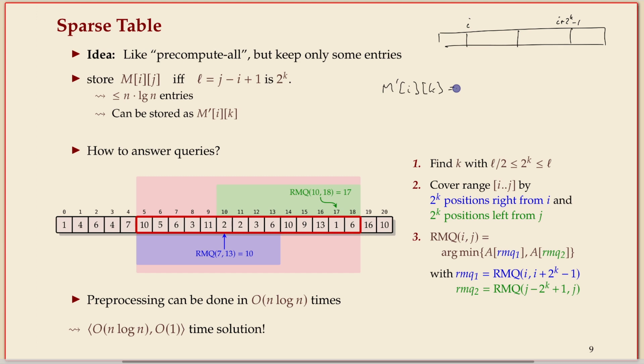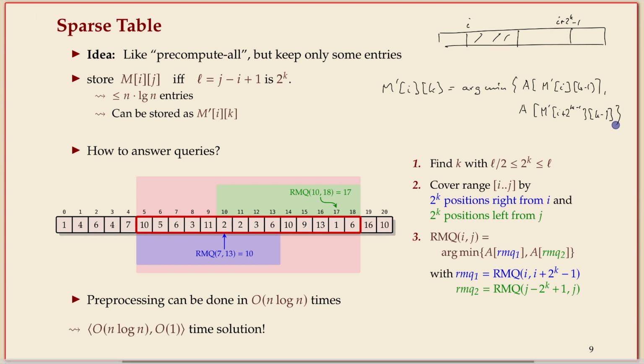And so you can again get that from this. We have to look up the values, but other than that, so we take M prime of i and k minus 1. That's this range. And the second range is the one that starts later, so it's i plus 2 to the k minus 1, then k minus 1.